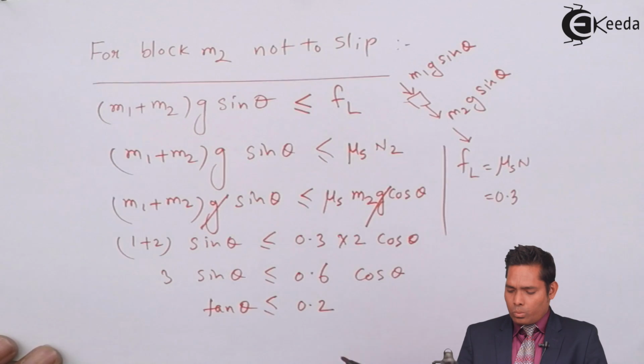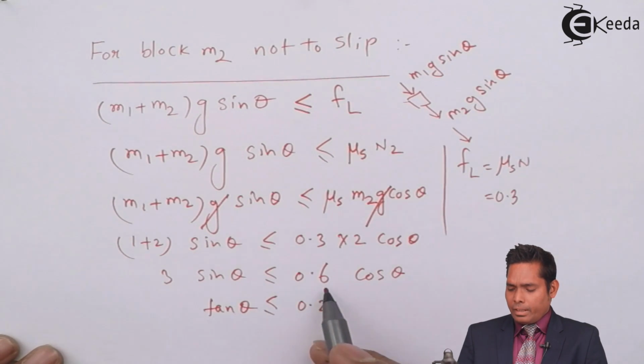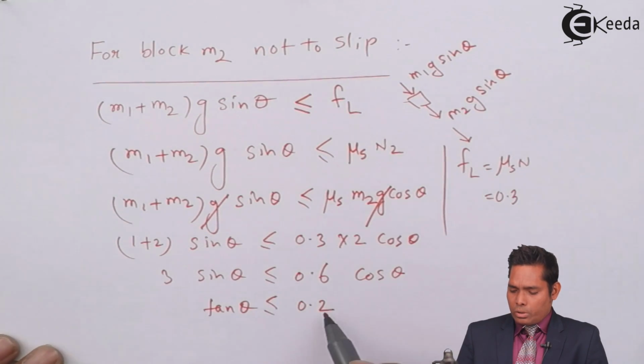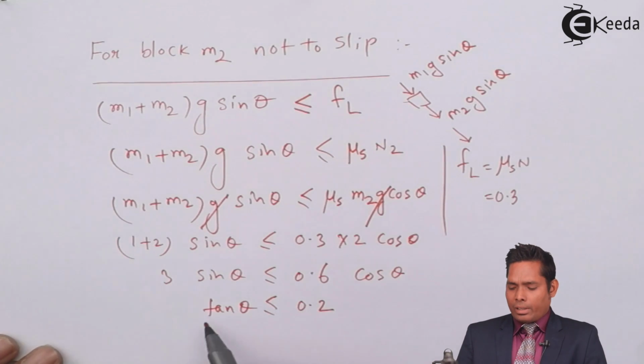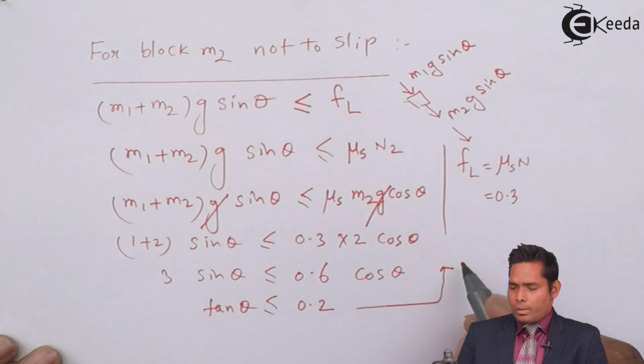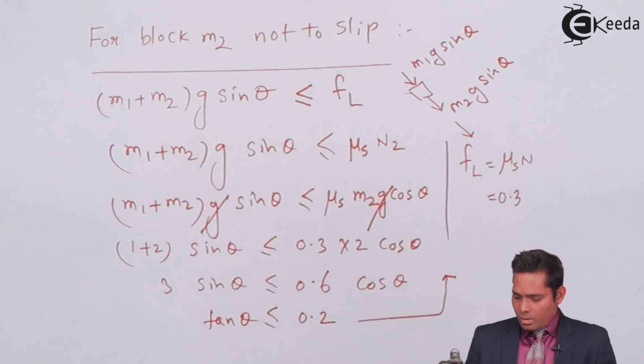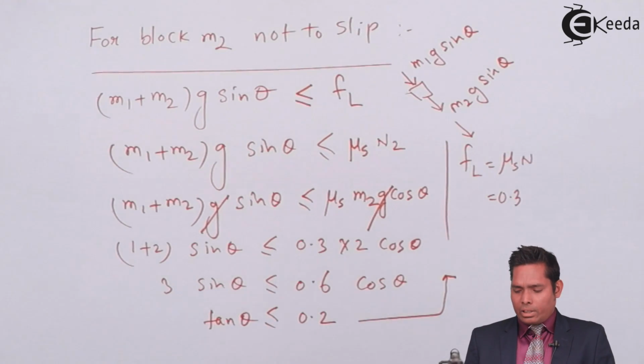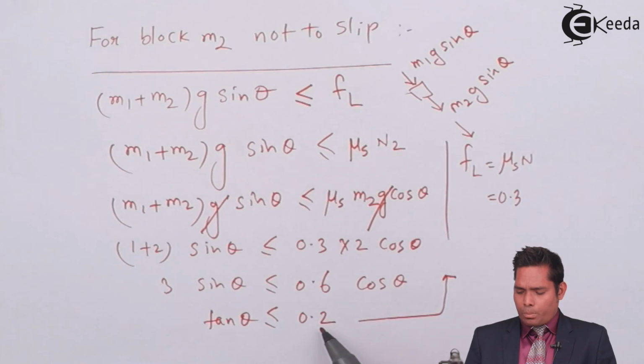You can see this is divided here, 0.2. So tan theta is less than or equal to 0.2.